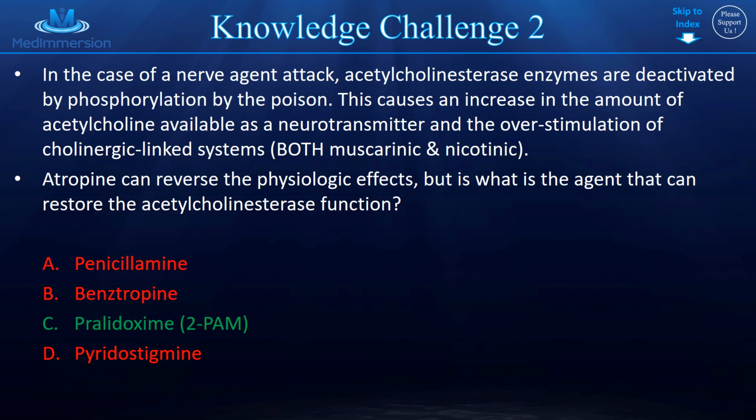What about pyridostigmine? Well, that would be wrong because pyridostigmine is actually itself an acetylcholinesterase inhibitor, but we use it as a medication for things like myasthenia gravis, to help boost the nervous system. Anyway, if you picked 2-PAM, you're the winner.